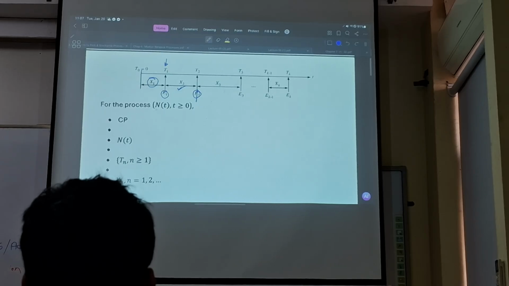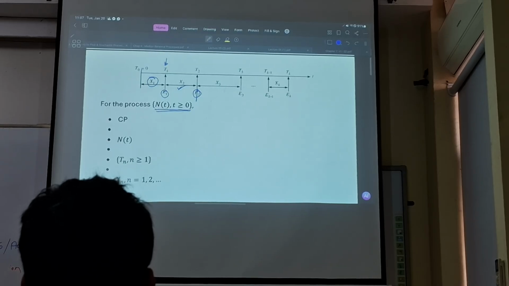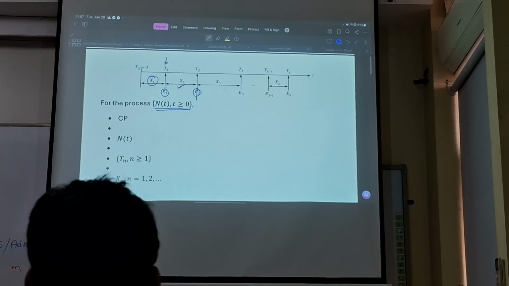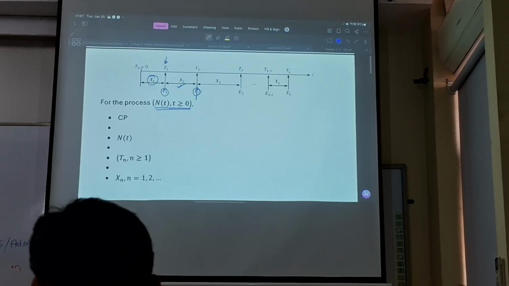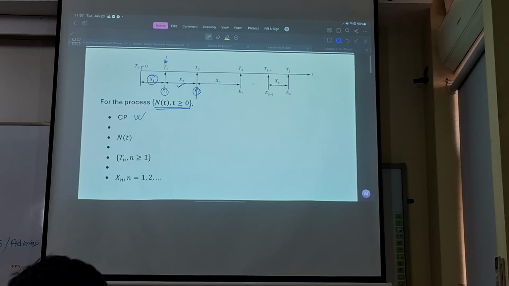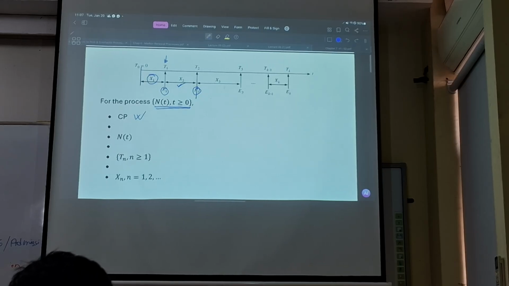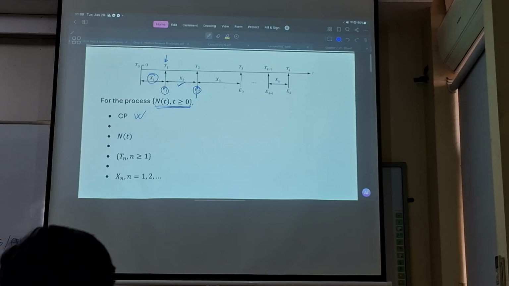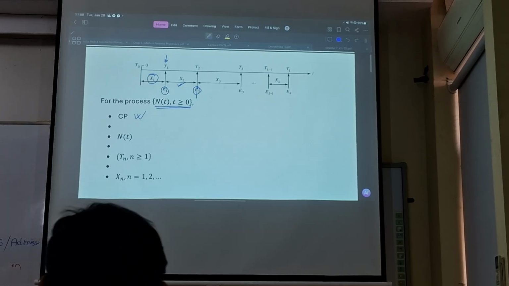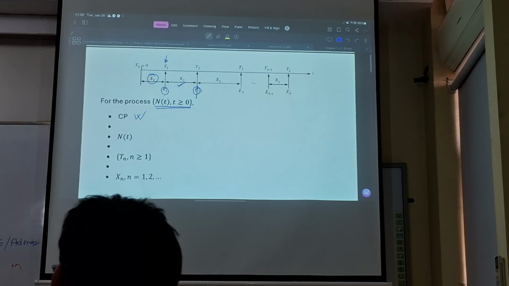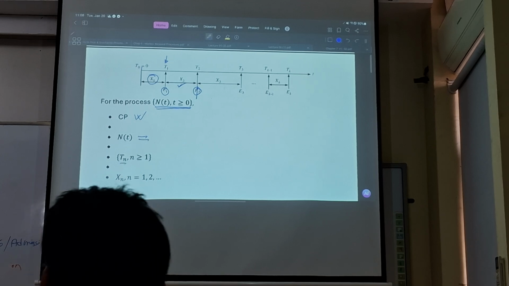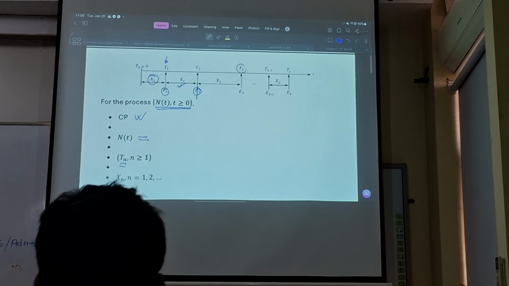So if we concentrate on this process, it is a renewal process, and here we call it a counting process, but it is not a Gaussian process. N of t is the number of renewals by time t. We already have defined it.